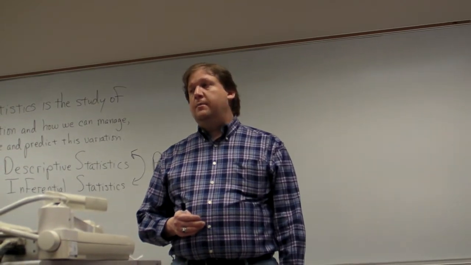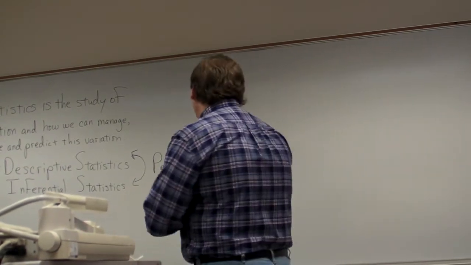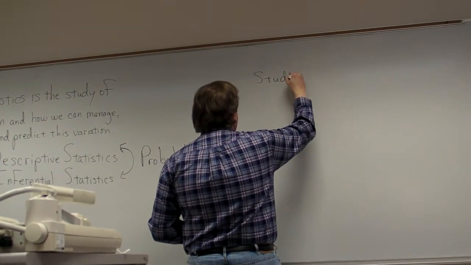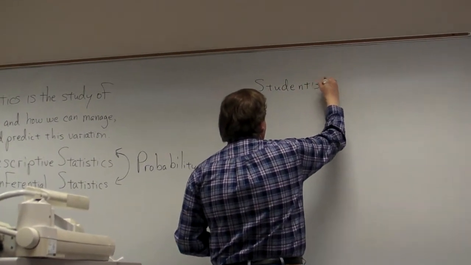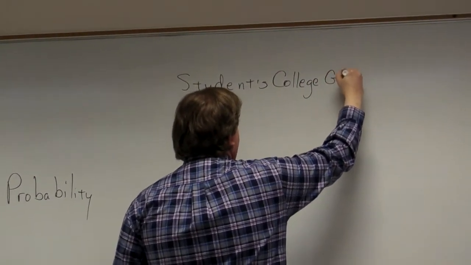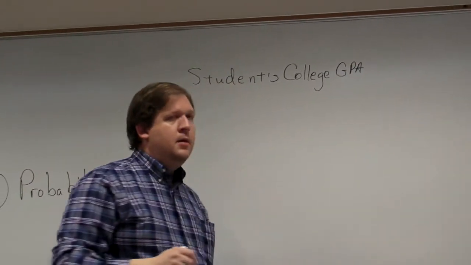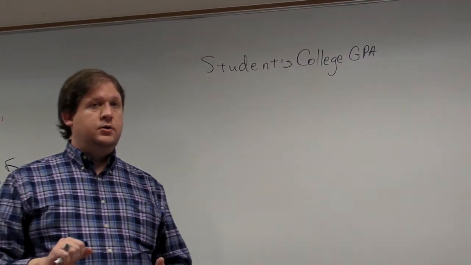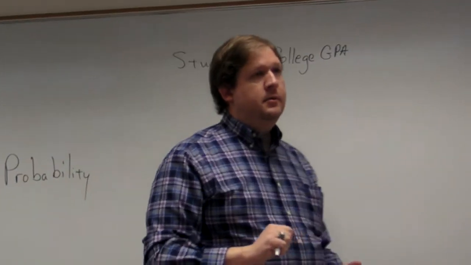So what you would want to think about is, okay, well, I'm trying to predict a student's college GPA. And then what you would want to think about is what things contribute to a college student's GPA.